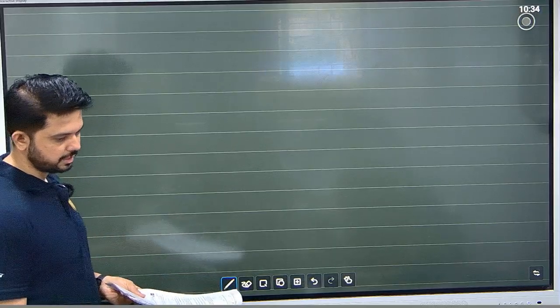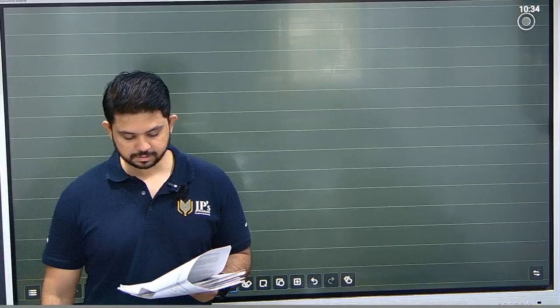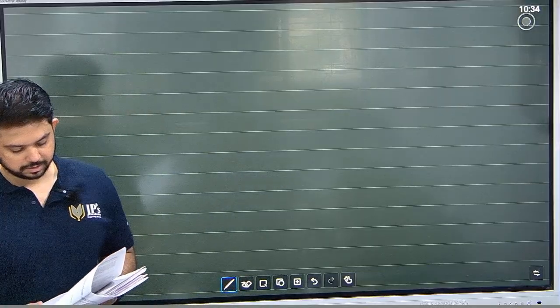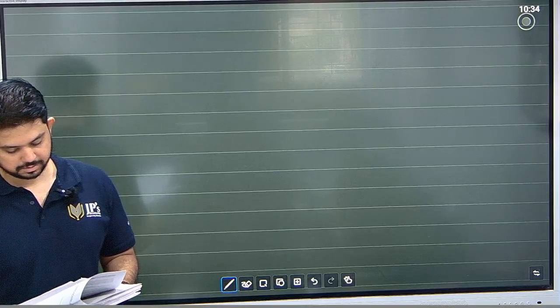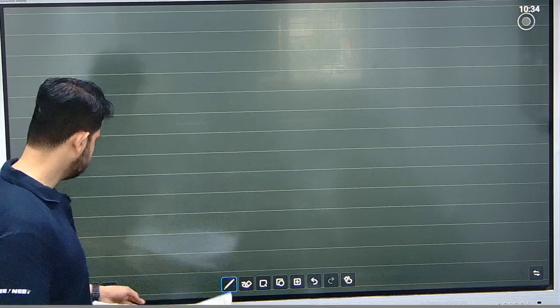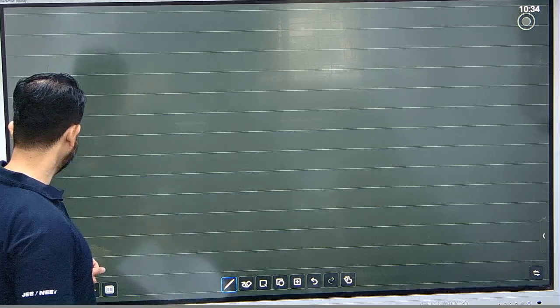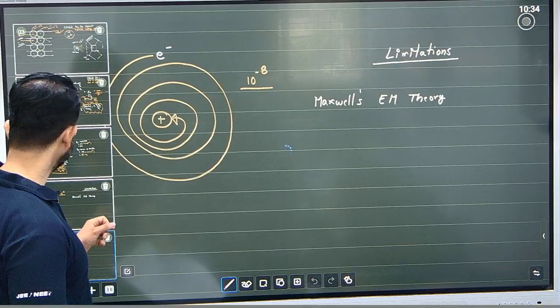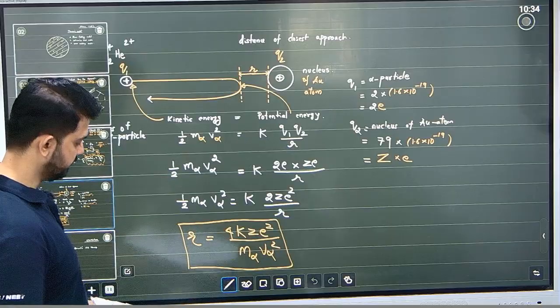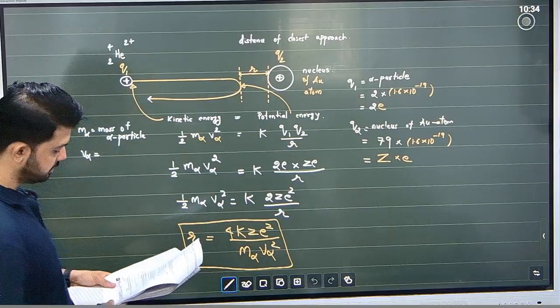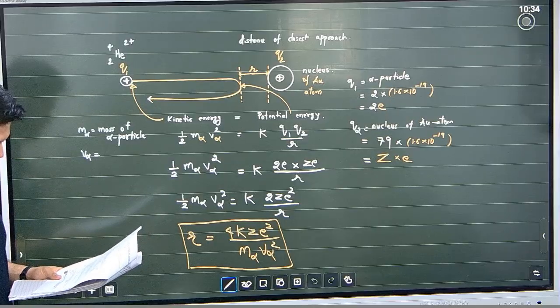It also doesn't explain the atomic spectrum.